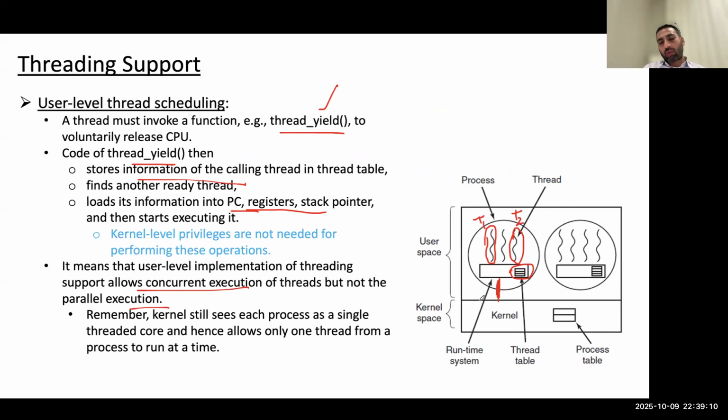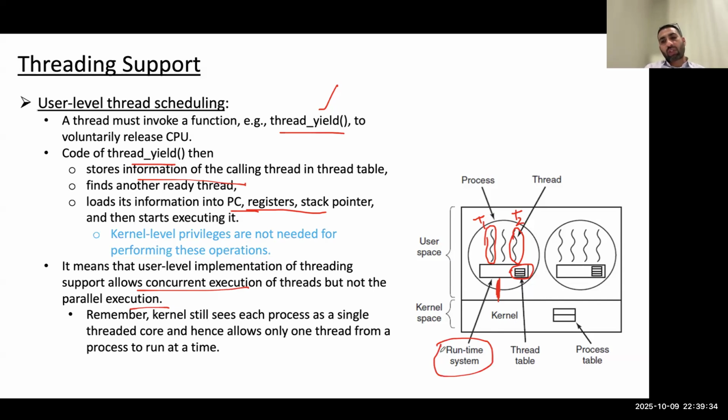Who is responsible for scheduling? Remember, the kernel allocates only one core for a process, although that process has multiple threads at the user level. So who is responsible for scheduling these user level threads on that single core? It is the runtime system, which is user level code, not system level code.